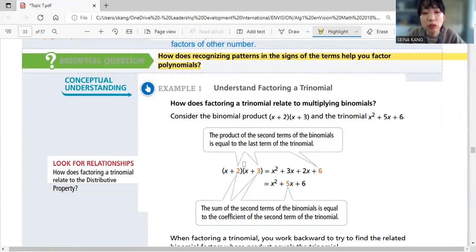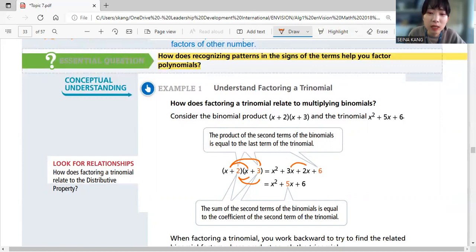So if you multiply the binomials, x plus 2 and x plus 3, you can multiply both of them out, x with the x and x with the 3, 2 with the x, 2 with the 3, x² plus 3x plus 2x plus 6. That's equal to x² plus 5x plus 6, because 3x and 2x are like terms, right?